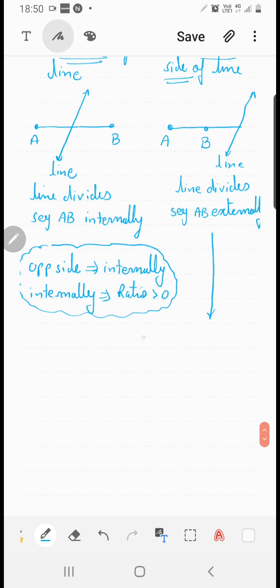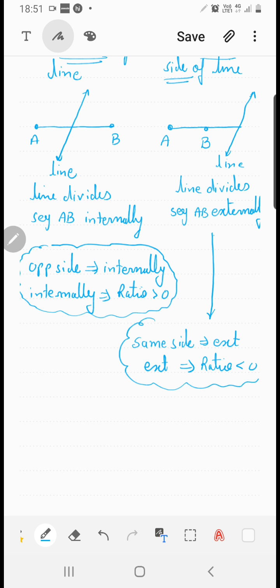Can I say same side implies externally, and externally implies ratio negative. So the question which we did just now can be asked in this way. Rather than saying internally, externally, they will say the points are on the same side or the opposite side.